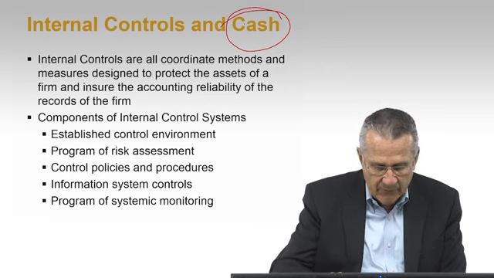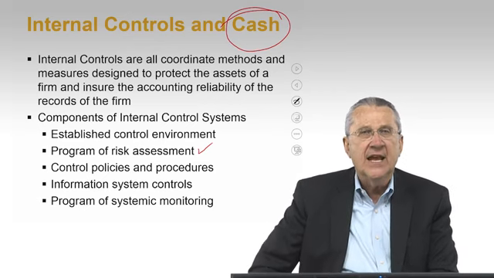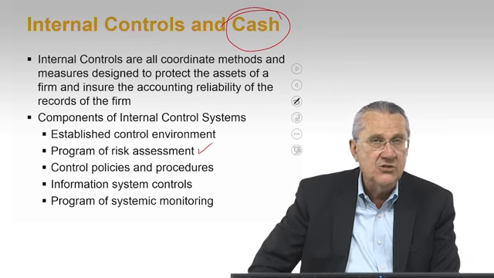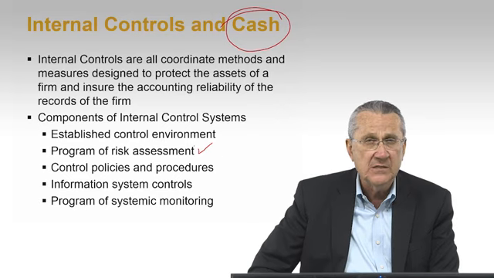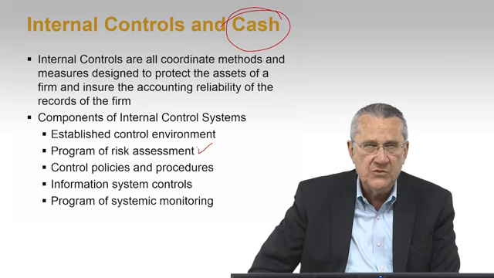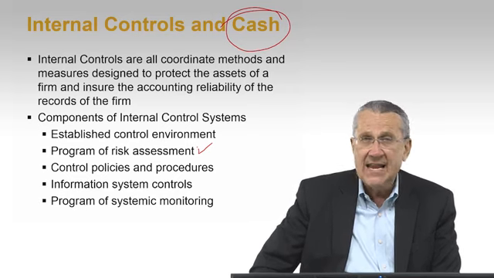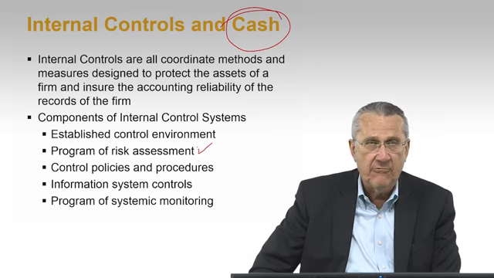We want a program of risk assessment. You need to actively engage everyone in the firm, or at least those that are critical in this process, in the process of assessing where we could lose resources, or where allowing anybody to have access to our accounting records could lead to a disaster.